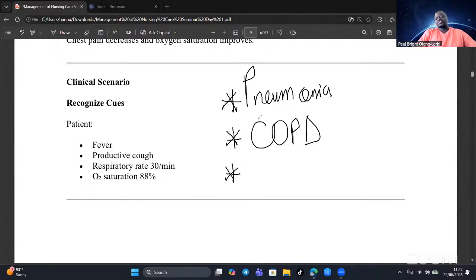So let's base on these two people. Samsung said pneumonia. Someone says tuberculosis, TB. Among these signs and symptoms, which one did you base on, Samsung, to say it is pneumonia?